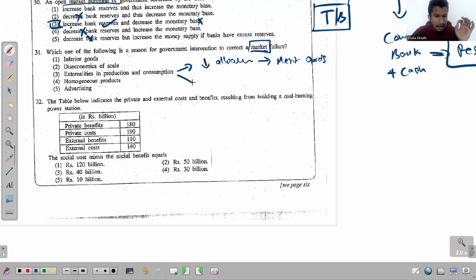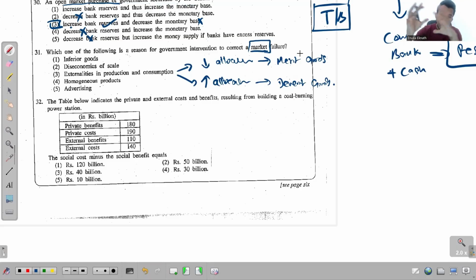And at the same time, as a result of ignoring negative externalities in consumption, there will be over allocation of resources to produce demerit goods. See, this is a problem.